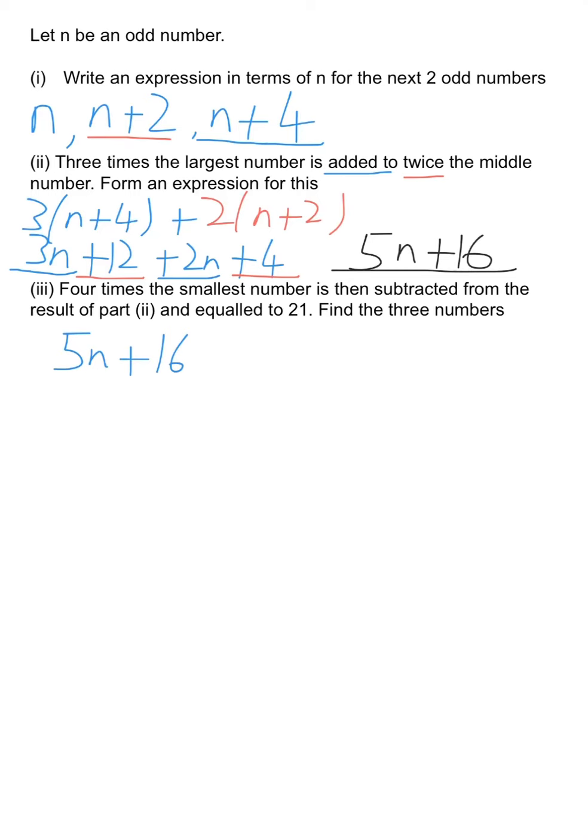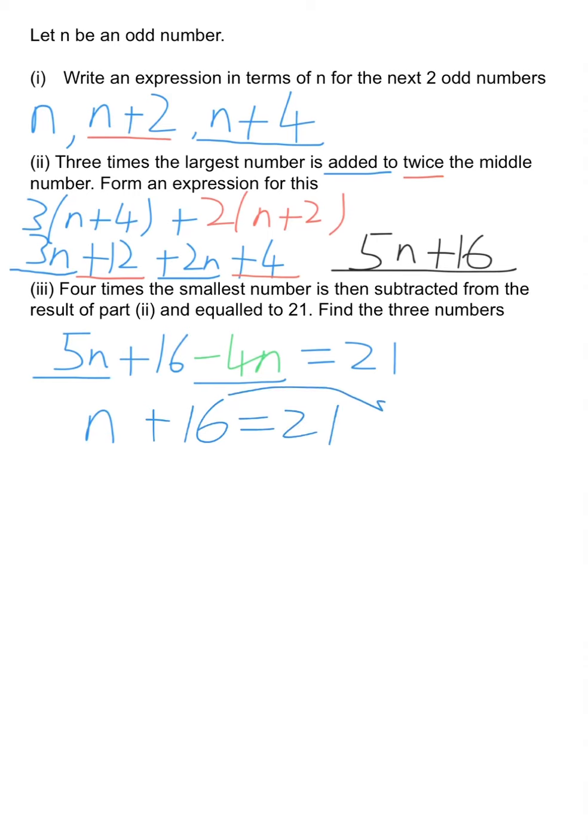So we now have minus 4n. And then this is equal to 21. So let's solve this equation. So 5n minus 4n, that'll just be n. Then we're left with plus 16 is equal to 21.